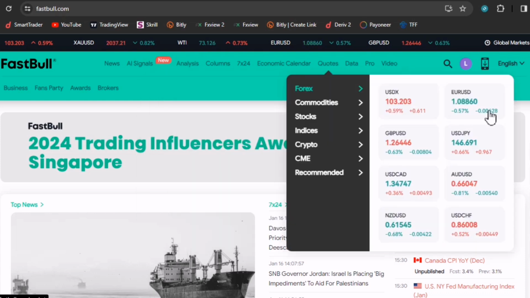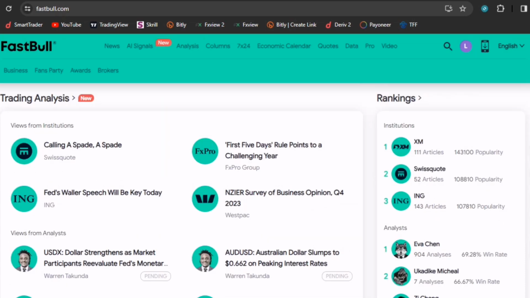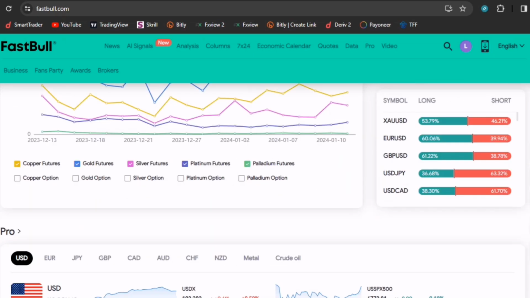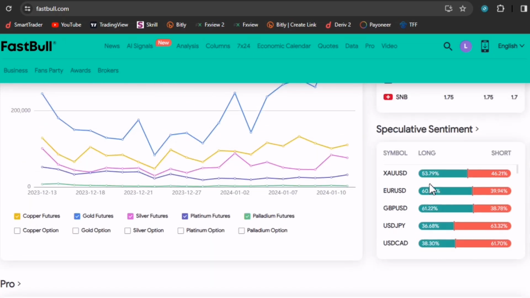So today I want to show you something on the speculative sentiment, down here, and how to use this speculative sentiment to find good entries in the market. This speculative sentiment, traders, helps us to find the trending pairs.